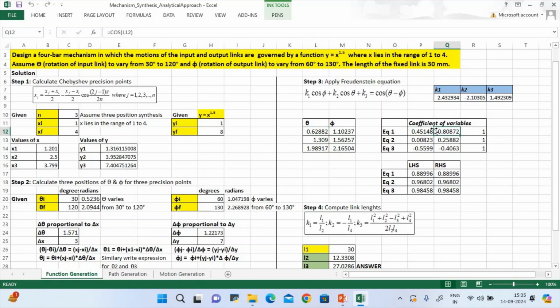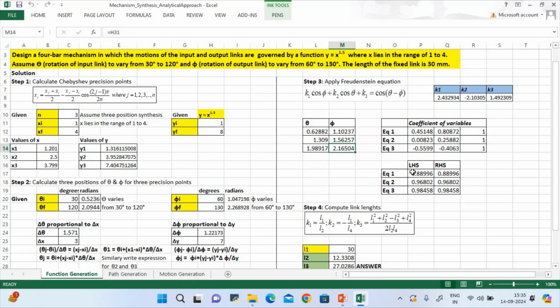Now here you can see that we are simply taking this cell equal to cos of this angle L12, that is 0.62882, right? Finally, obviously we know the coefficient for variable k3 is 1. Now same thing we will generalize to the theta 2, phi 2 and theta 3, phi 3 equations.